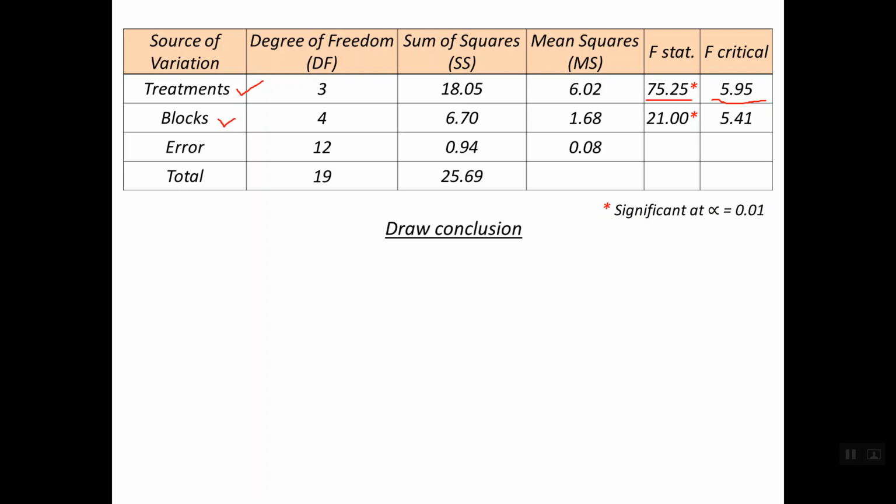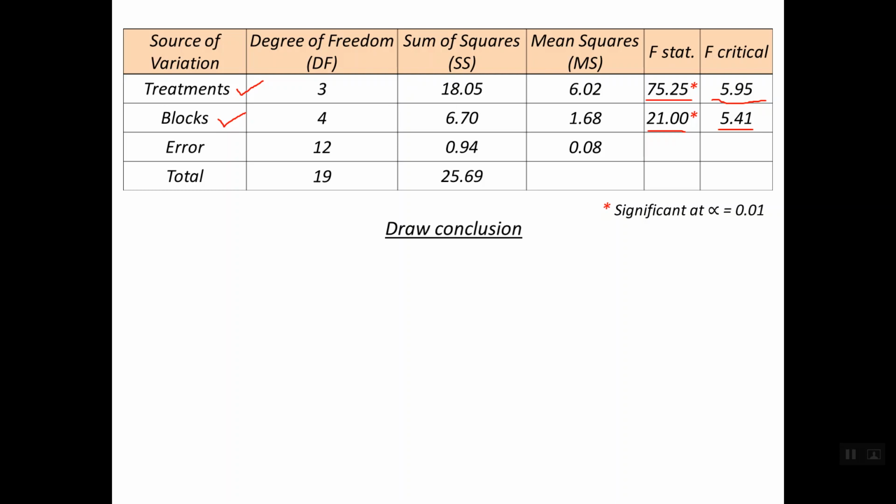Regarding the blocks, the same way, the value of the calculated F is equal to 21, and again it is greater than the F critical. So for the blocks, we conclude that there is a significant effect, which means that we reject the null hypothesis and accept the alternative one, which states that the means for the 5 blocks are not the same.